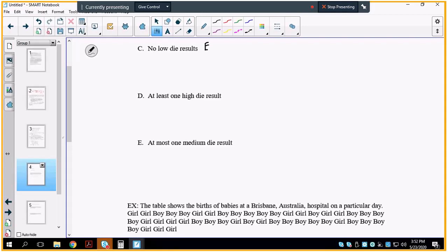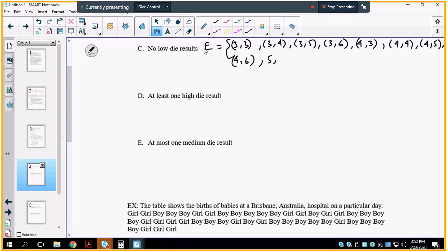So I will say we can have 3,3; 3,4; 3,5; 3,6; same thing with 4: 4,3; 4,4; 4,5; 4,6; 5,3; 5,4; 5,5; 5,6; 6,3; 6,4; 6,5; and 6,6 are all my outcomes. I don't have 1 and 2.